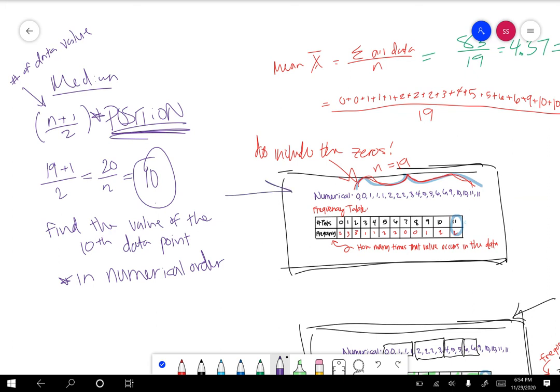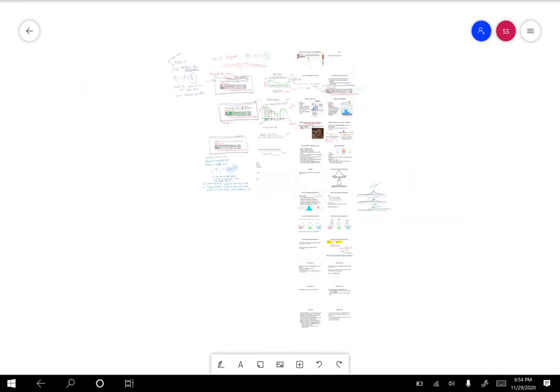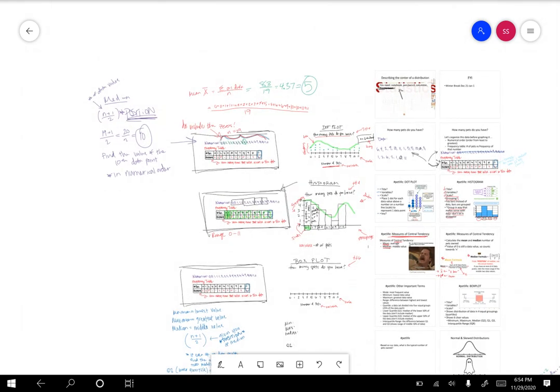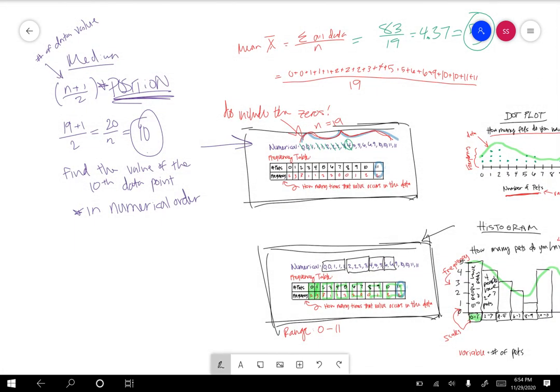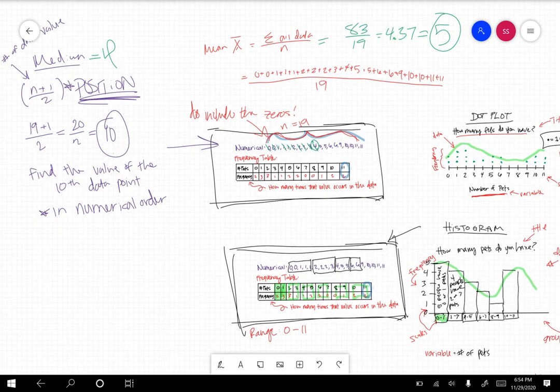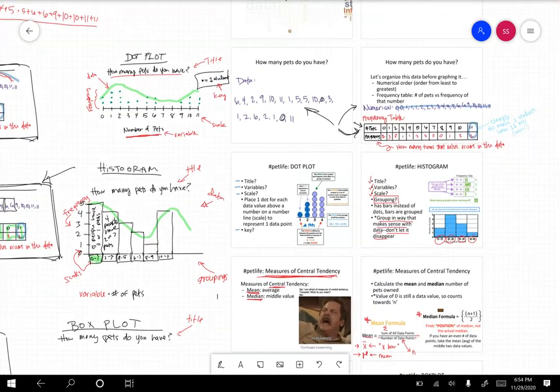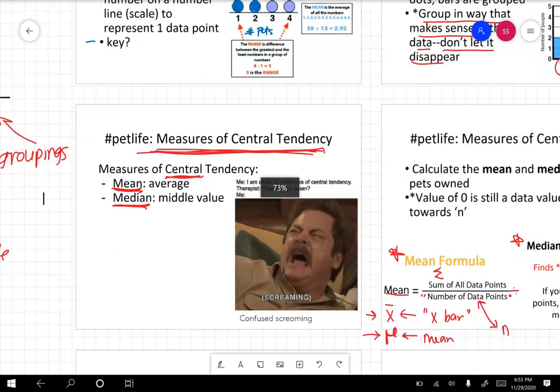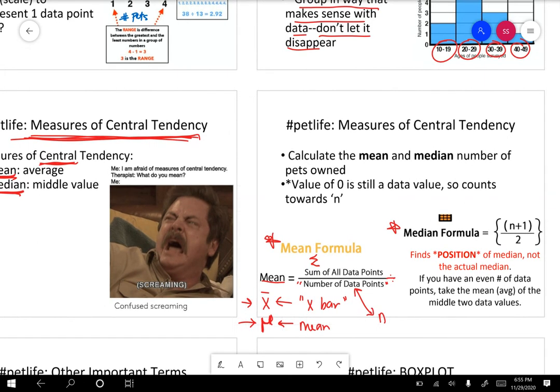Okay, so if we were to look at our numerical order here, you can just cross things off as we go. 1, 2, 3, 4, 5, 6, 7, 9, 10. So 4 in this case is going to be our median or our middle number. Okay, so there's mean and median for you, the average and the middle number.